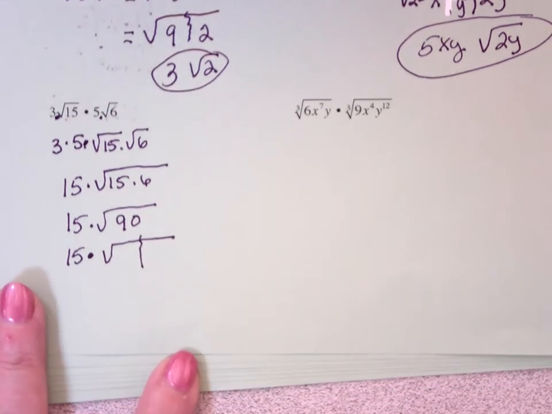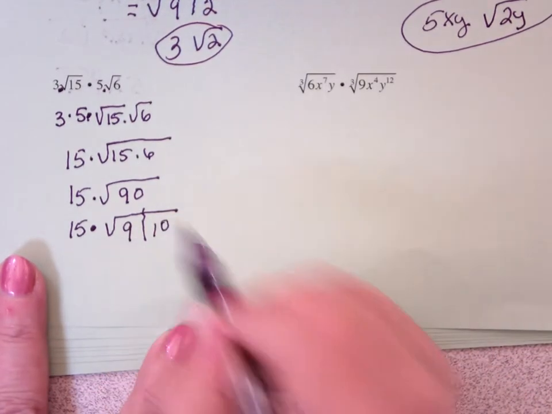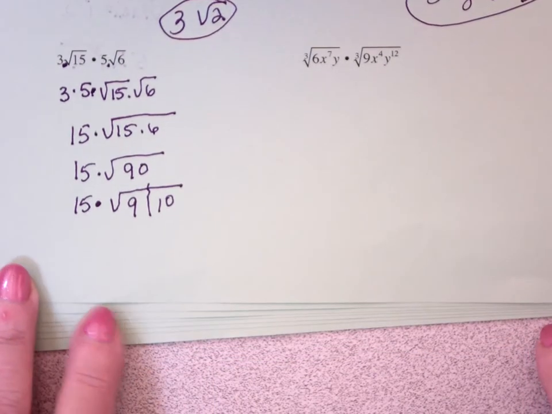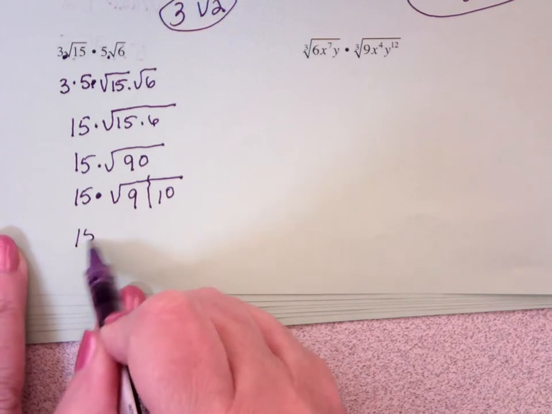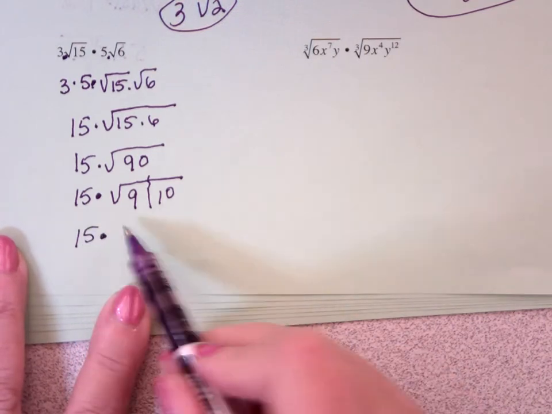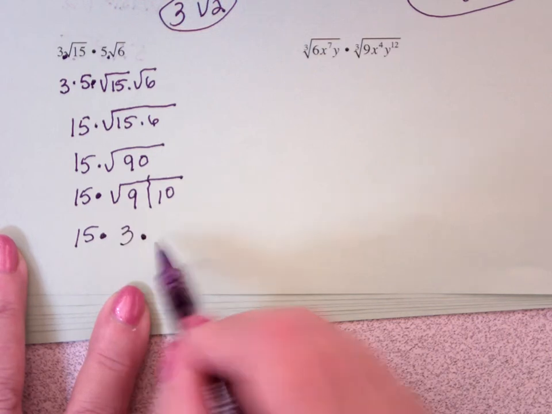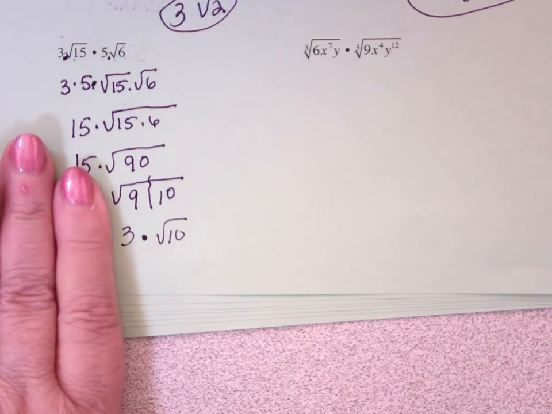The square is 9 and 10. Now I'm going to put the step in that I haven't been putting in, again to make a point, because this is 15 times the square root of 9, which is 3, times the square root of 10. This one breaks down into 3 square roots of 10.